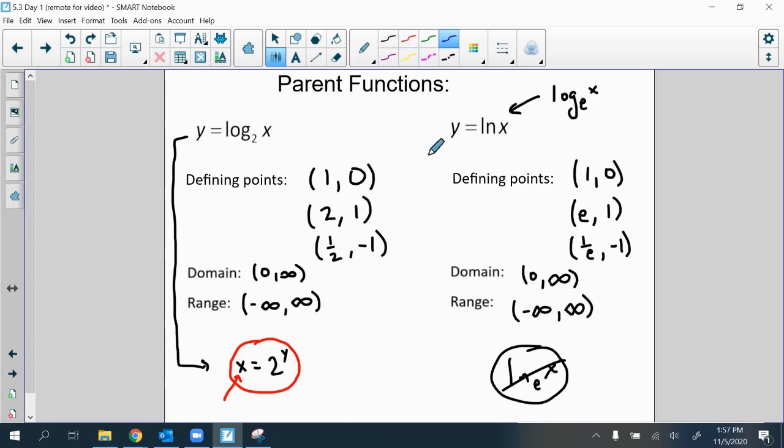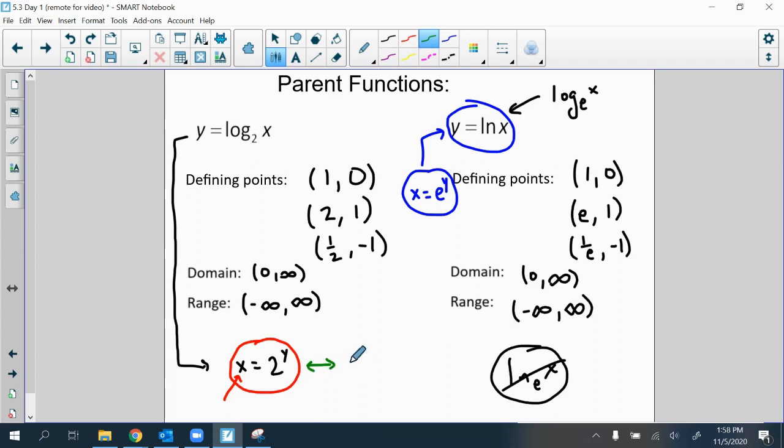If I wrote the inverse of this, if I just figured out how to rewrite this, I would write x equals e to the y. So these two things have the exact same points because a log function is really the inverse of an exponential function. I just have to be really careful in how I speak about this, though.